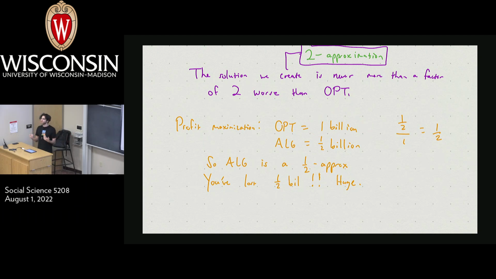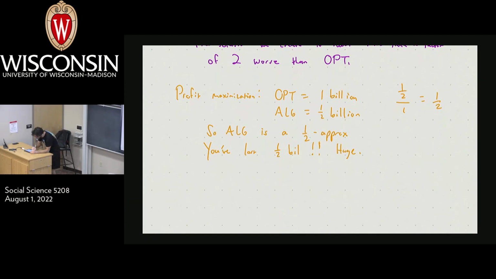It's much closer to $1 billion than, say, $100 is. So generally, this is kind of the justification of why it's okay to look at multiplicative factors.